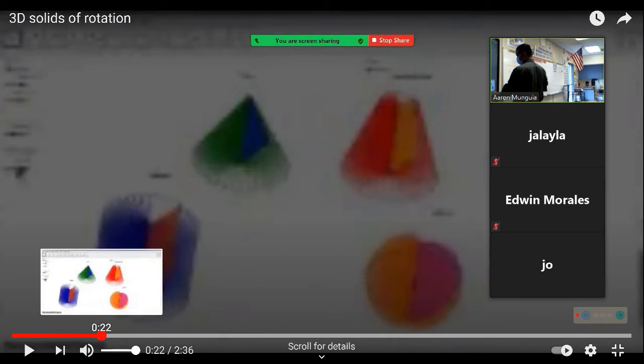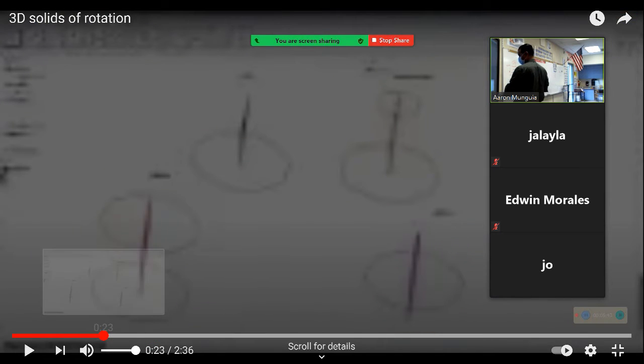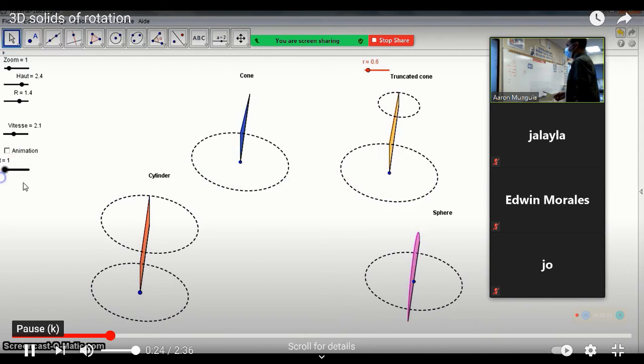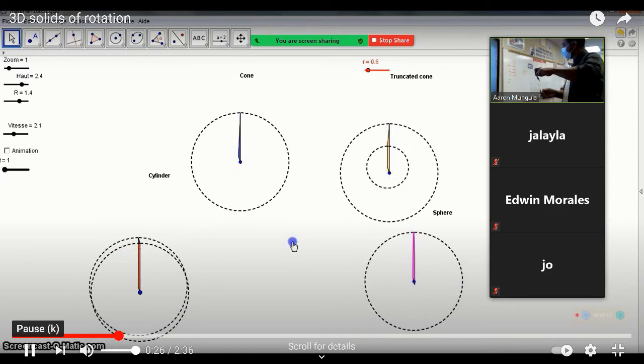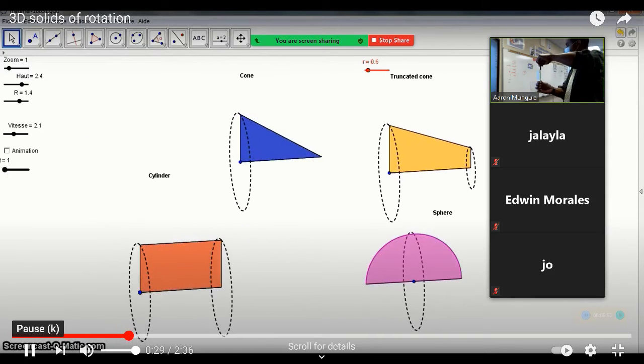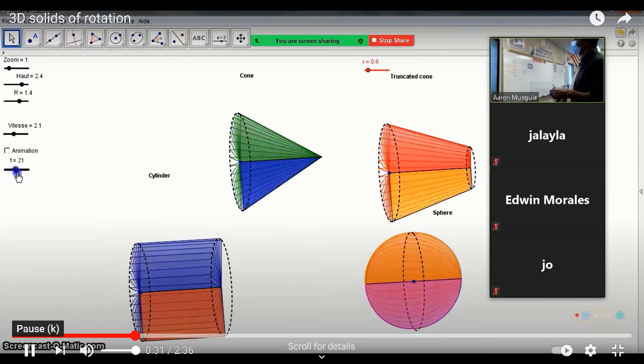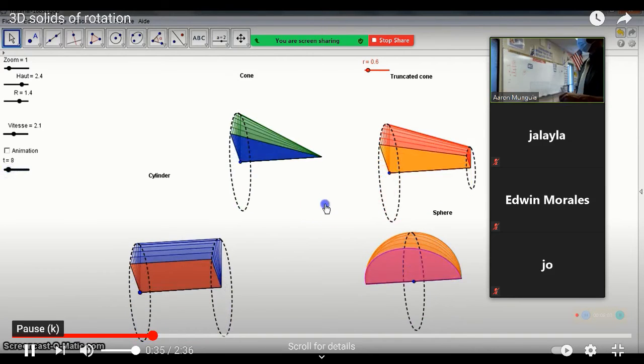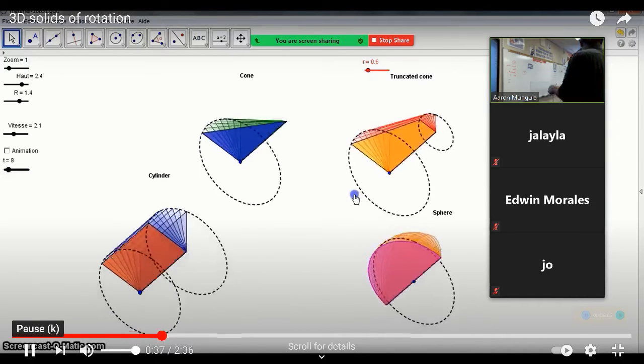Okay, so watch this. So notice the cylinder is a rectangle being rotated around an axis. A cone is a triangle. A truncated cone is a trapezoid being rotated, and a sphere is half a circle being rotated.